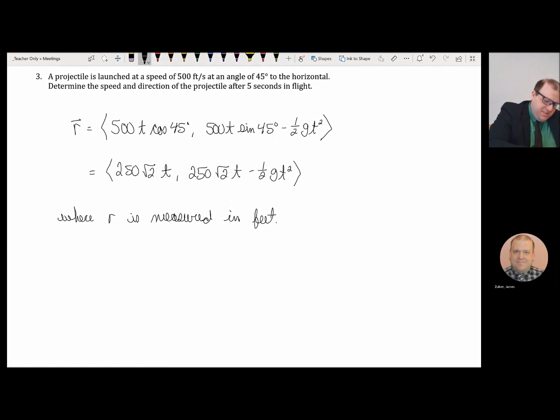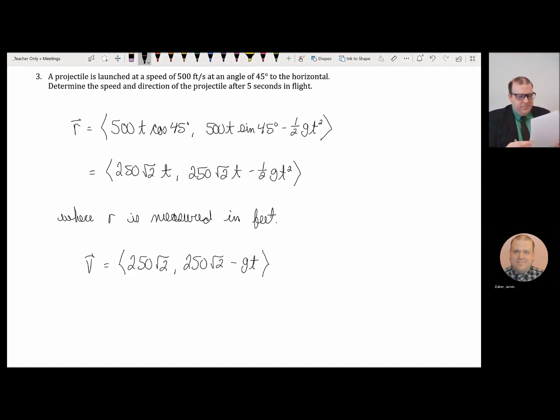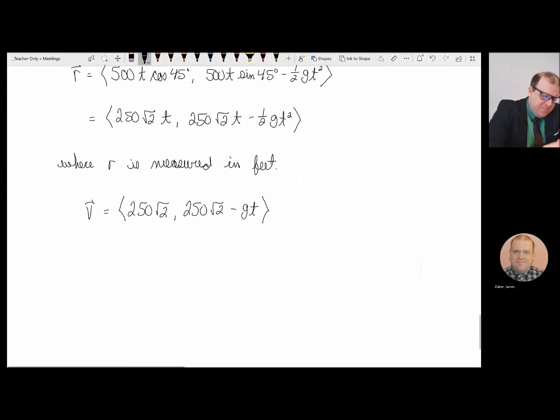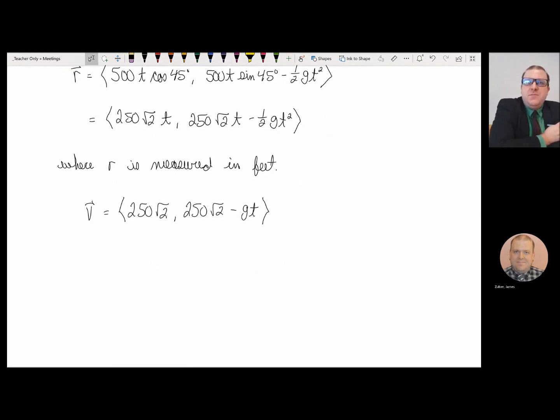Either way, we're going to need velocity. It would be easier by just plugging in 5 here and then find its magnitude.